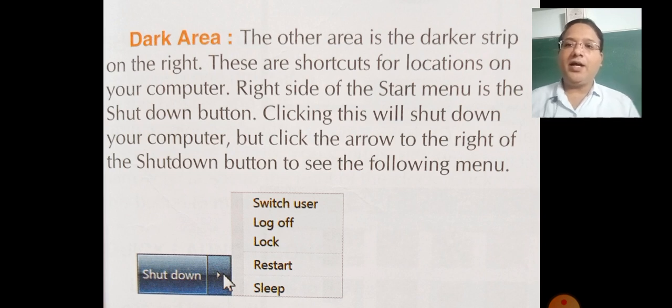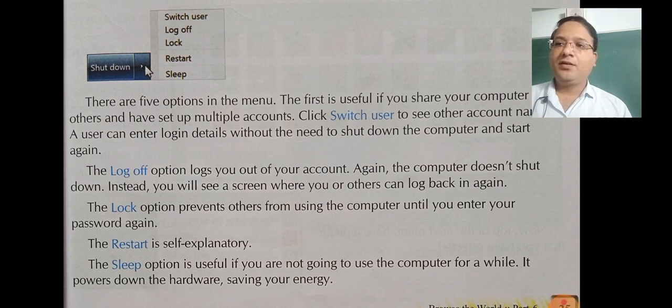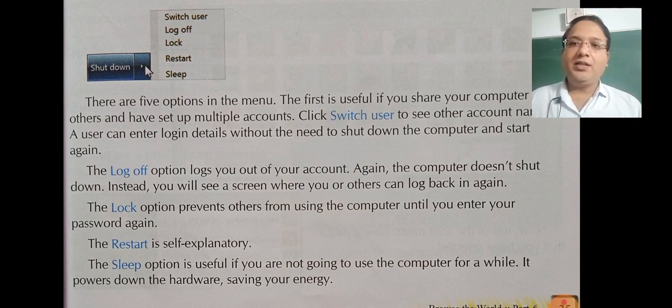But click the arrow to the right of the shutdown button to see the following menu. So what are the menus? So switch user, log off, lock, restart and sleep. So there are 5 options in the menu.